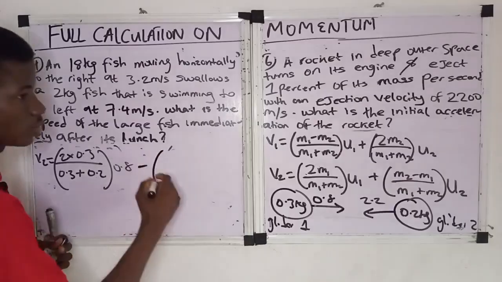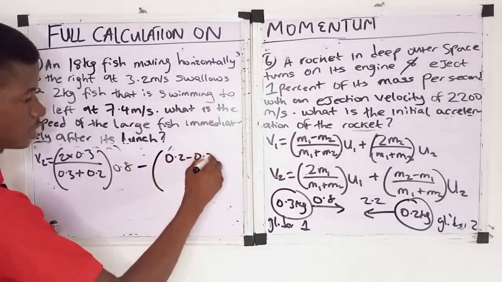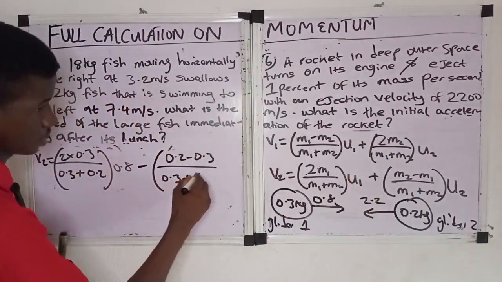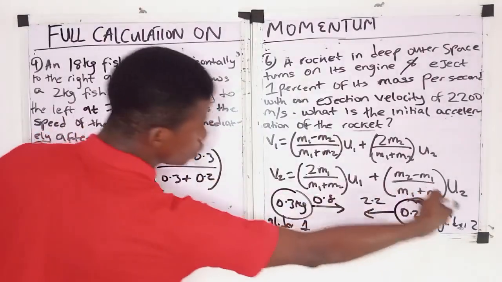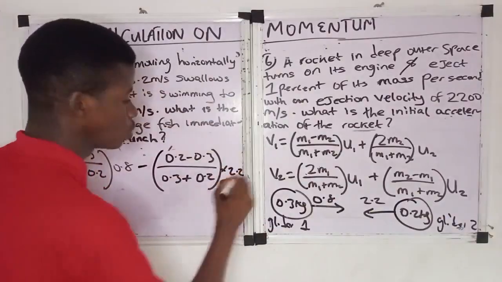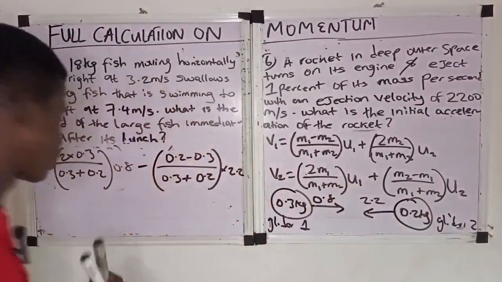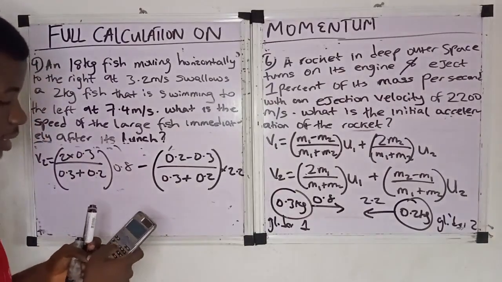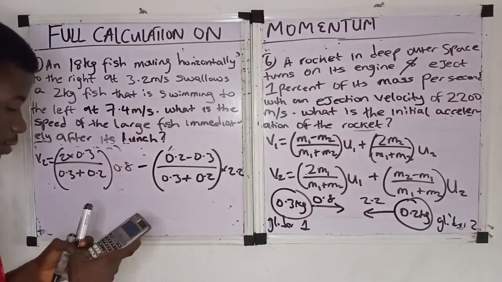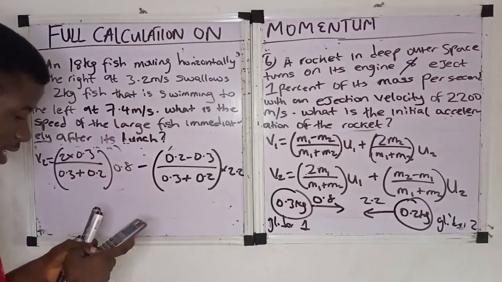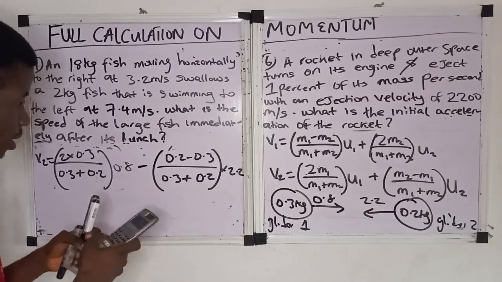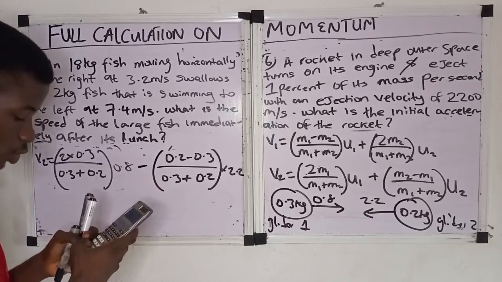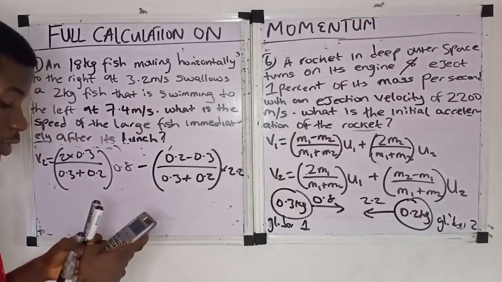Then bracket open, M2, 0.2, minus M1, 0.3, divided by M1, 0.3, plus M2, 0.2, bracket close, then times U2, which is 2.2. Let's use the calculator to do everything.